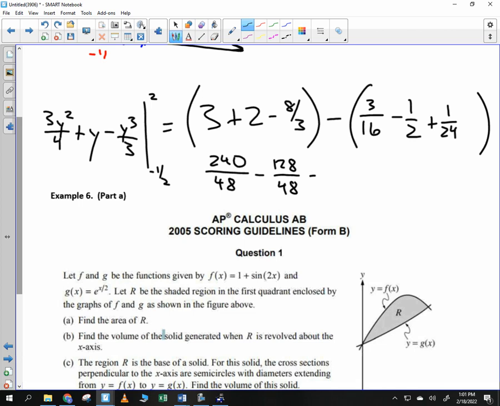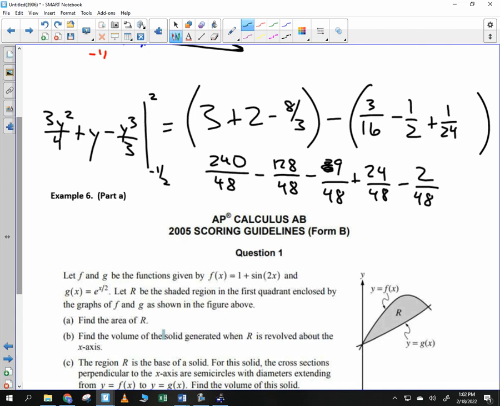Minus, it looks like we're going to have a 9 over 16, plus 24 over 48. Because I'm an idiot. Minus 3, no, 9 over 48. And then minus those over 48.